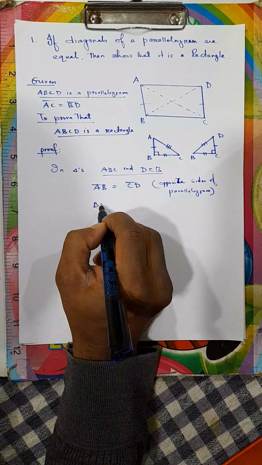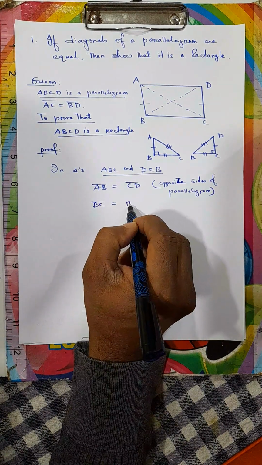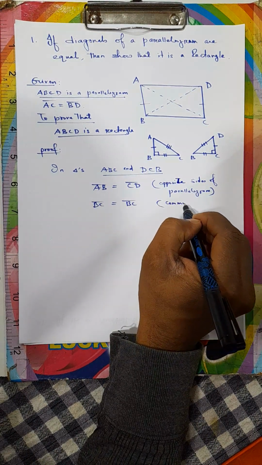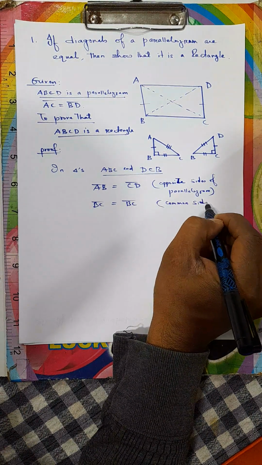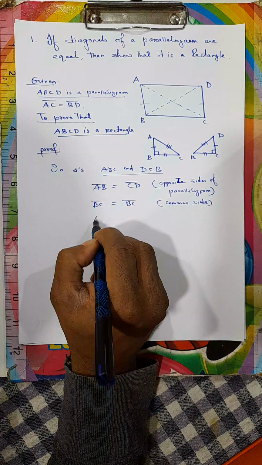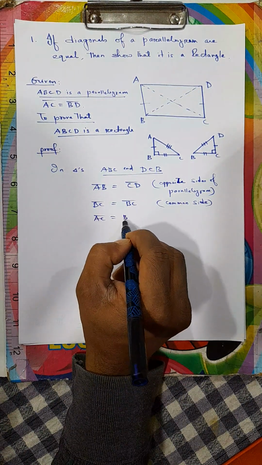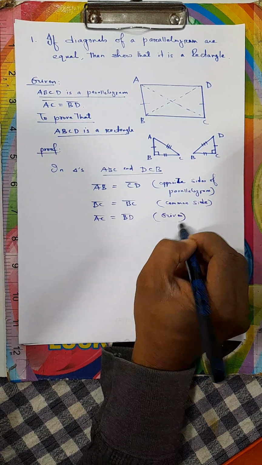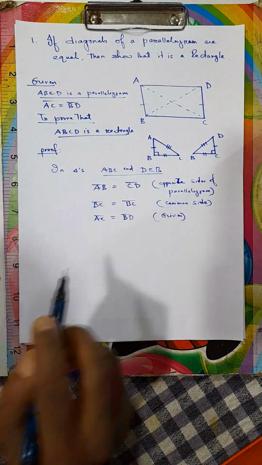Then BC equal to BC, common side. Then AC equal to BD. This is given, right? AC equal to BD is given.